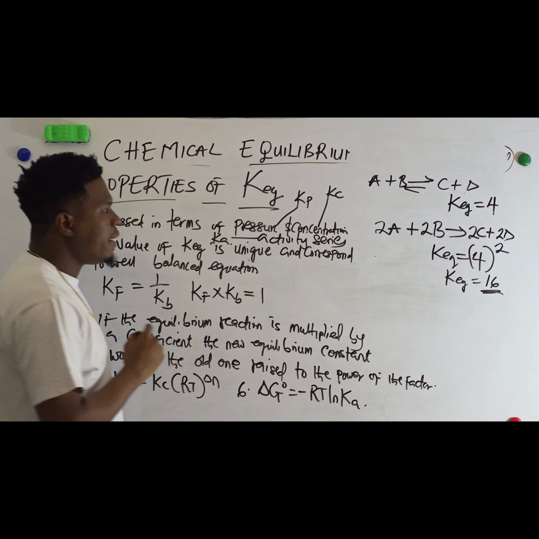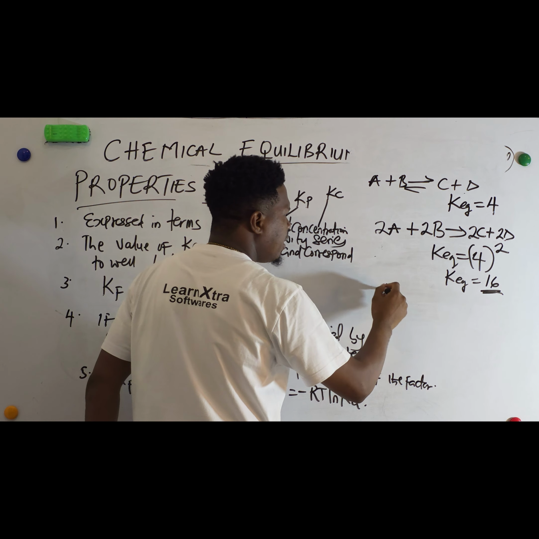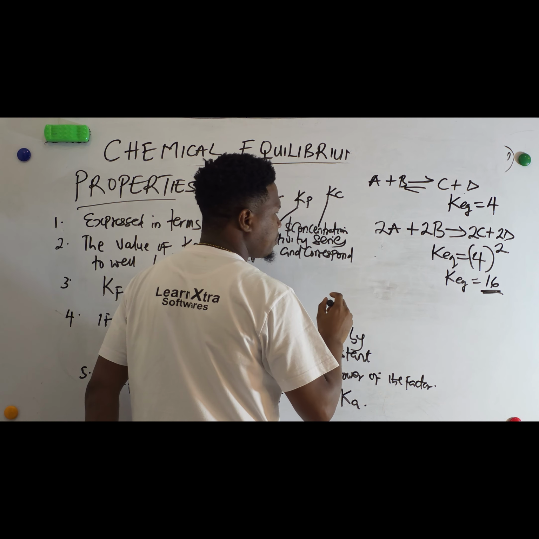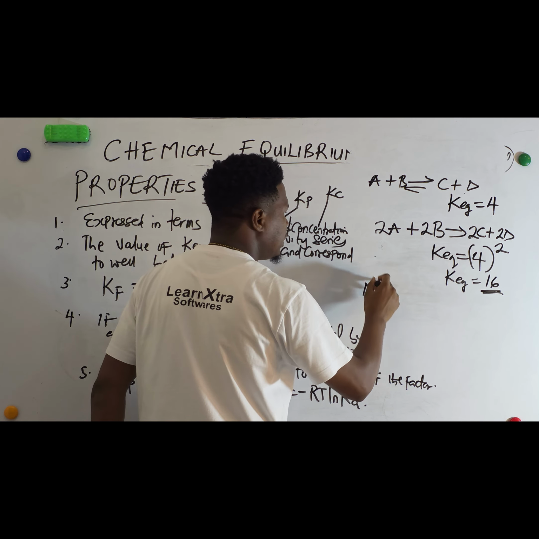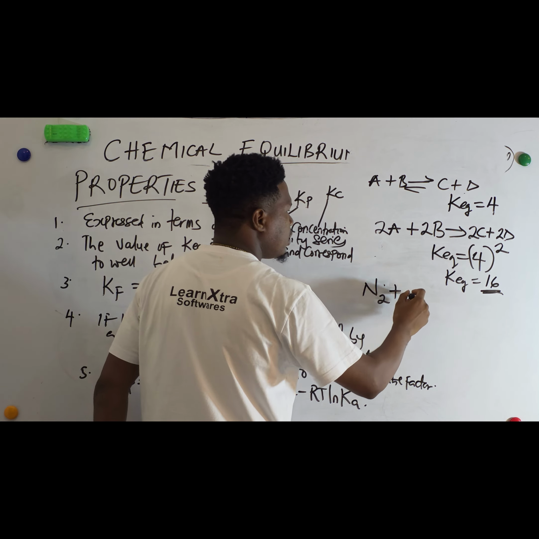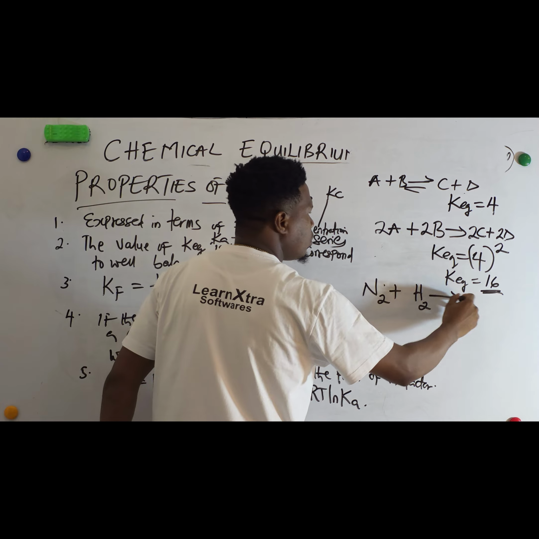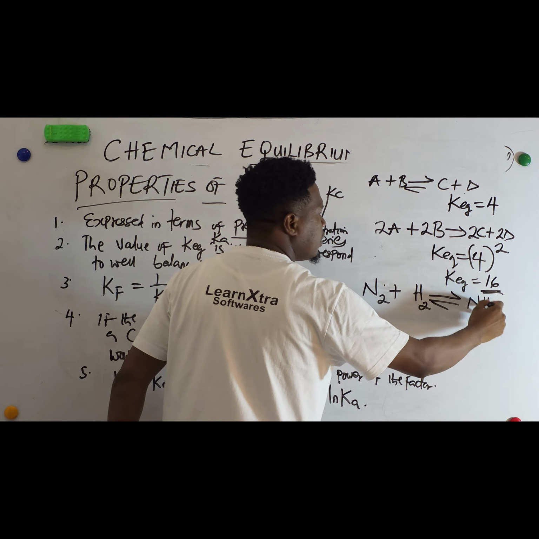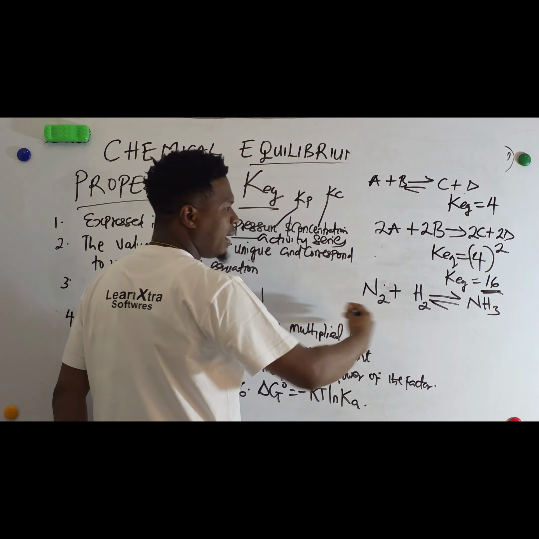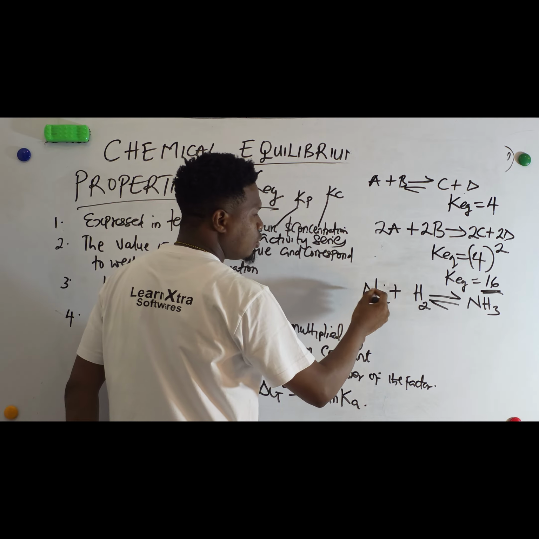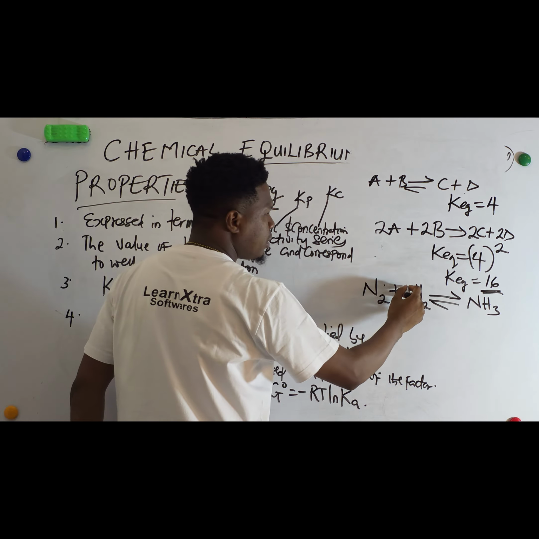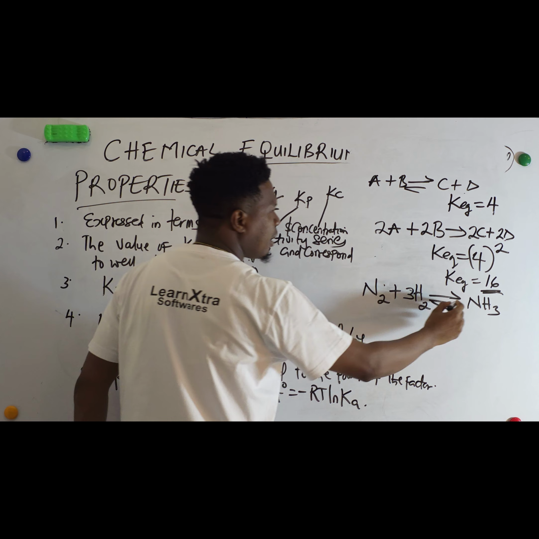Let me show you another one. If I have a reaction, let's say nitrogen plus hydrogen to give us ammonia. Let's assume this is balanced already. To balance this equation, I can put 3 here and 2 here.